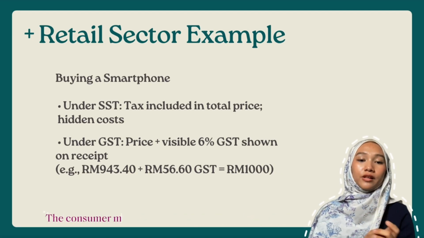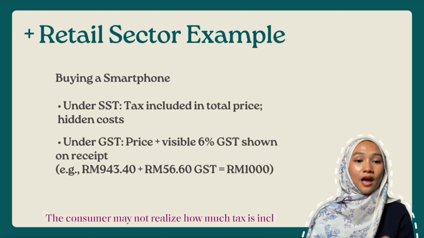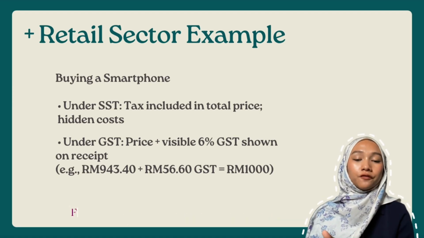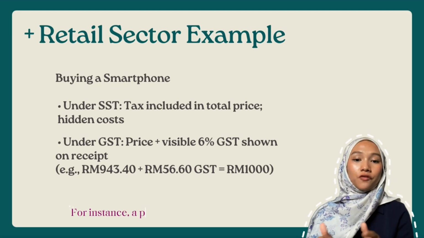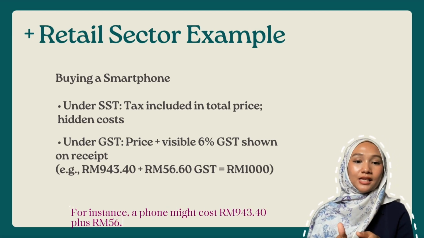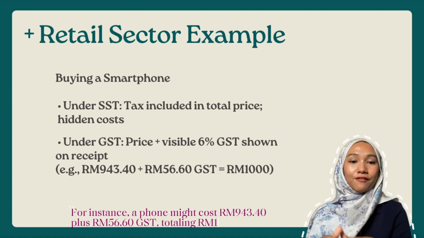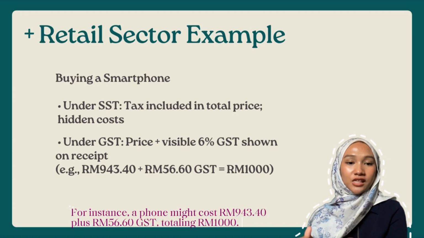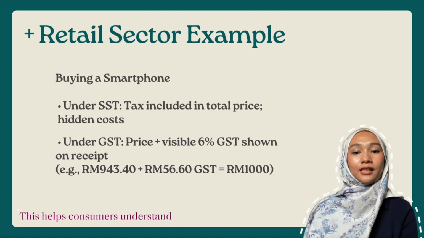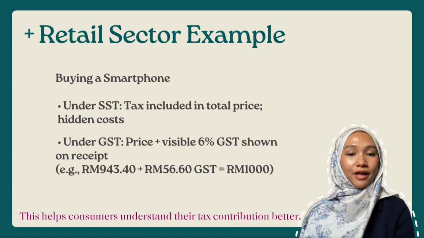The consumer may not realize how much tax is included, but under GST, the tax is clearly shown. For instance, a phone might cost 943 ringgit 40 cents plus 56 ringgit 60 cents GST, totaling 1,000. This helps consumers understand their tax contribution better.